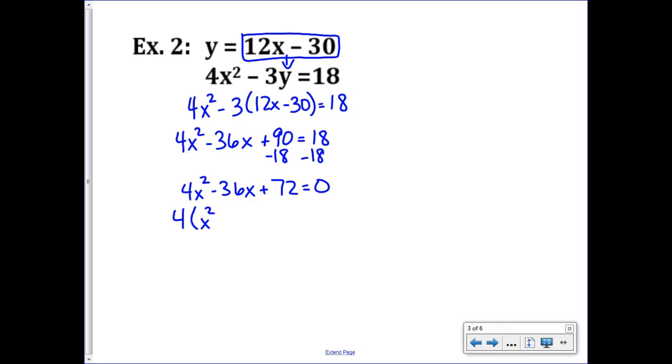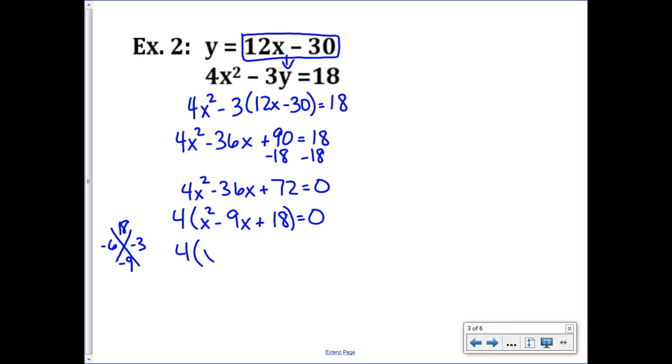So I get x squared minus 9x plus 18 is equal to 0. And then I need two numbers that multiply to 18 and add to a negative 9. That would be negative 6 and negative 3.